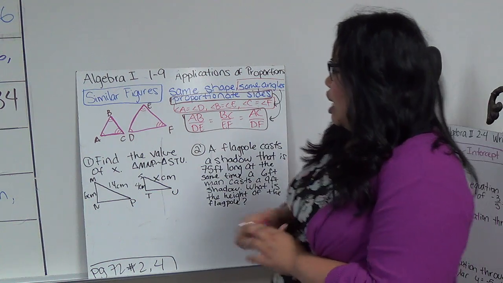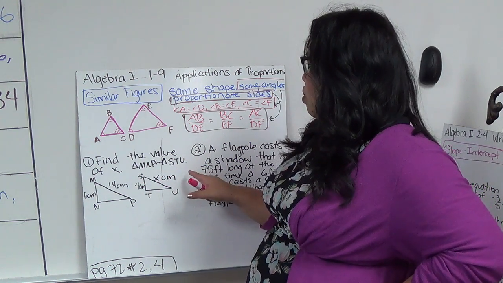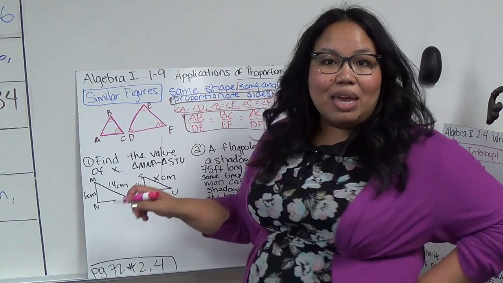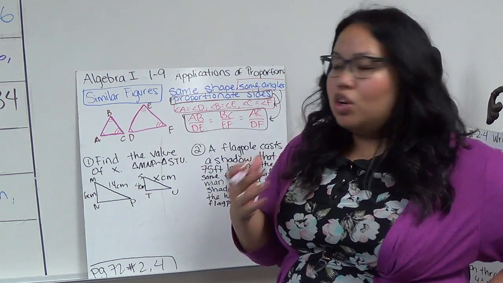It's telling us that MNP is similar to STU. How they name it lets us know which angles are congruent to which.